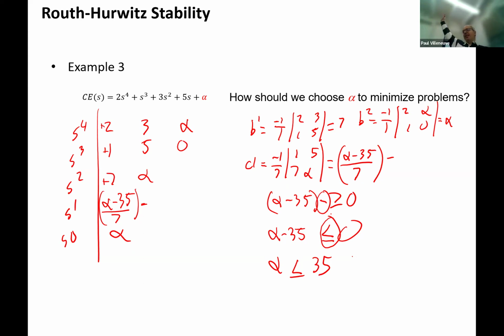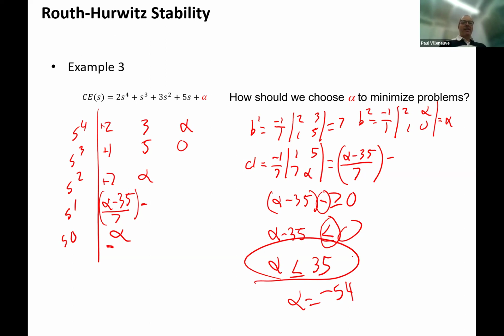Can I raise my hand and say I don't agree? Because I said any sign change in the first column is not okay, right? So can I pick alpha equal to -74 or 54? Is that okay? It meets this criteria. It's less than 35.